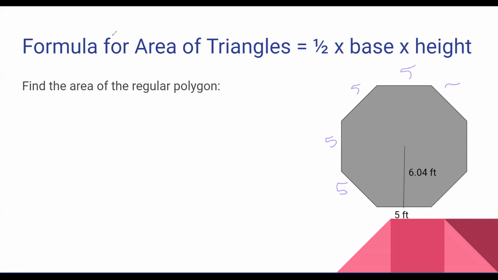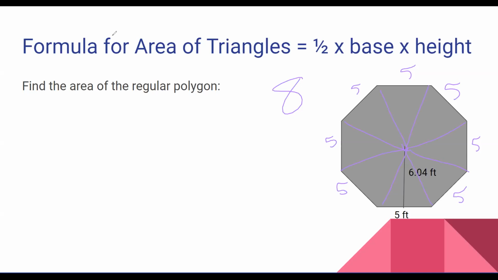And if the distance from the middle to the top is 6.04, it's going to be 6.04 on all of them. Remember, when I'm drawing a triangle, it's connecting the middle to the corners, or the vertices. If this shape has 8 sides, then I'm going to have 8 triangles.